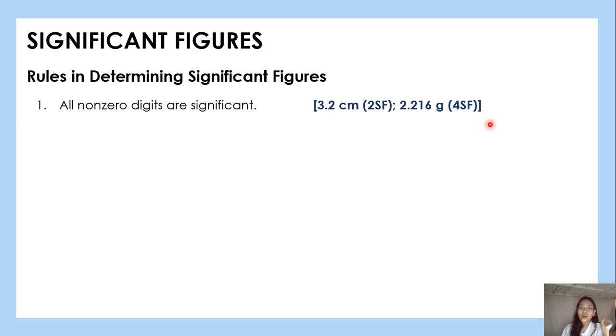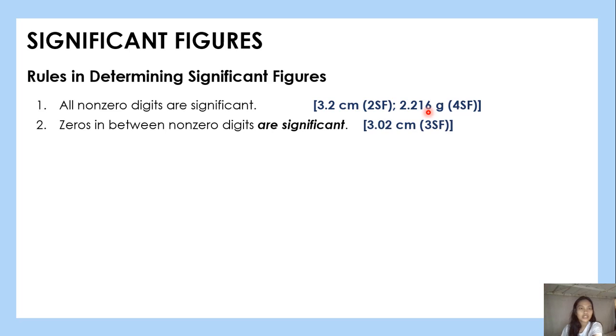So the first one is all non-zero digits are significant. So we have examples here. It is already self-explanatory. And then the second one is zeros in between non-zeros are significant. So that is why 3.02 here has three significant figures, because the zero is in between non-zero digits.